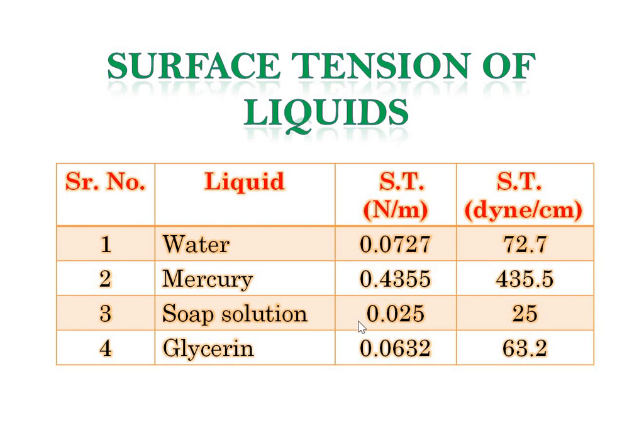Soap solution has surface tension 0.025, and in dyne per centimeter it is 25. Glycerine has the value 0.0632, and in dyne per centimeter form it is 63.2. So remember, mercury has the highest value of surface tension in the dyne per centimeter form.